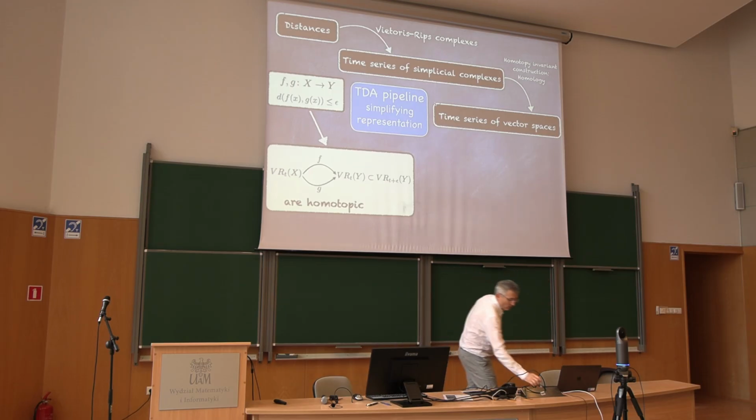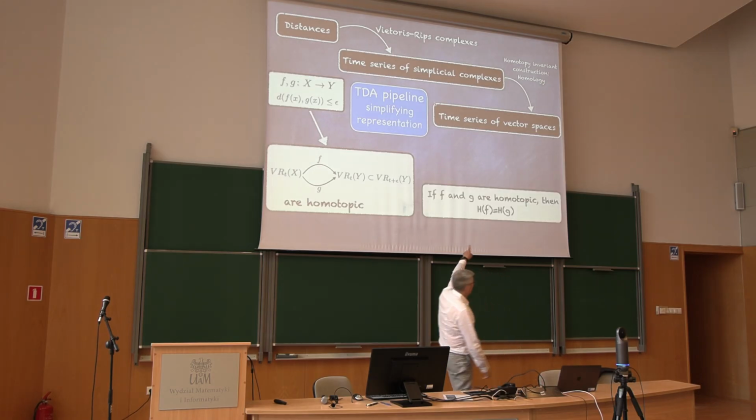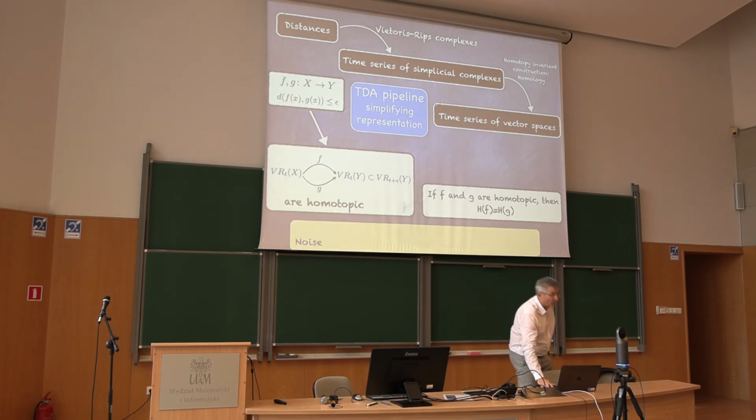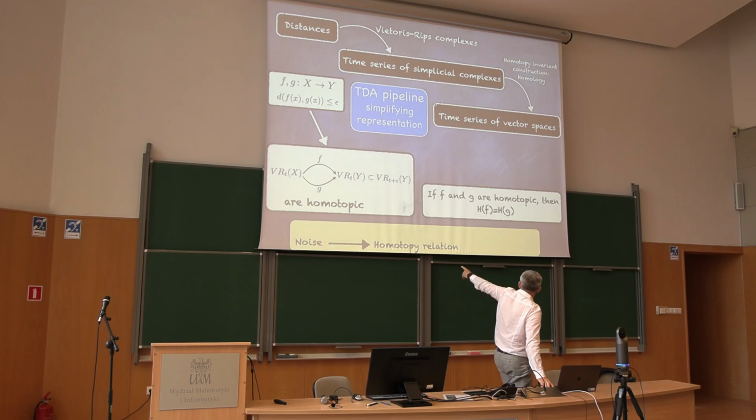Homology has the property that if F and G are homotopic, the induced linear maps become the same. So if you take this whole two-step process, noise is converted into a homotopy relation, which is converted into equality, and we achieve denoising.